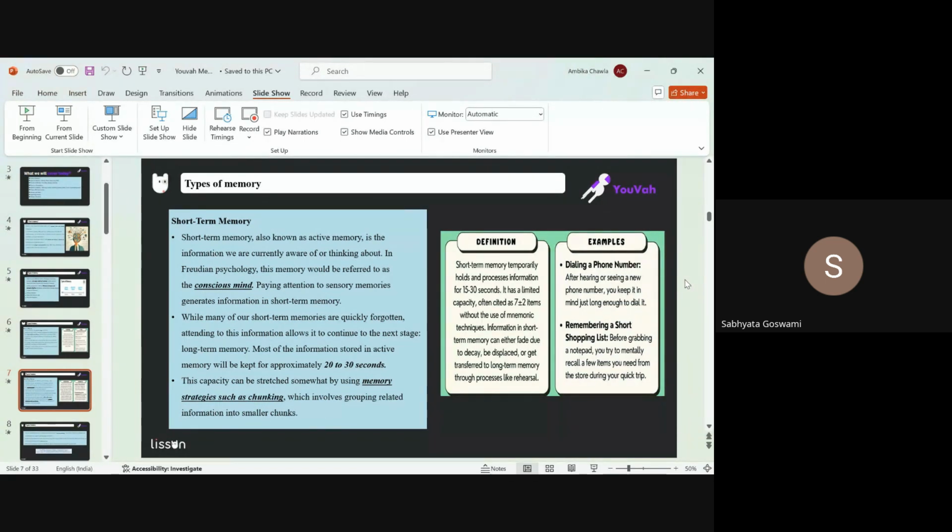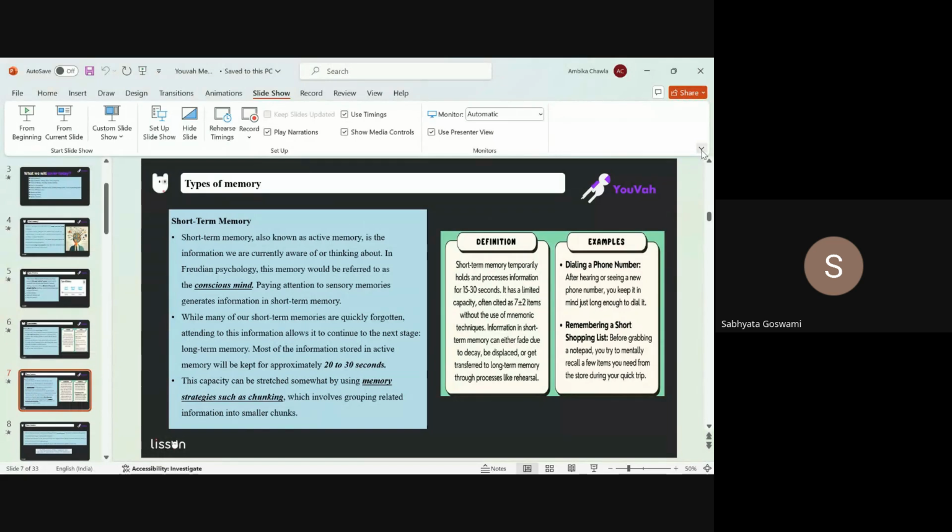And in Freudian psychology, it has been referred to as the conscious mind. So, whenever we pay attention and think actively about information coming from our sensory memory, we tend to take it to a short term memory. And a lot of times, when things in our short term memory or in our awareness are not attended to properly or not rehearsed repetitively, they tend to get forgotten.